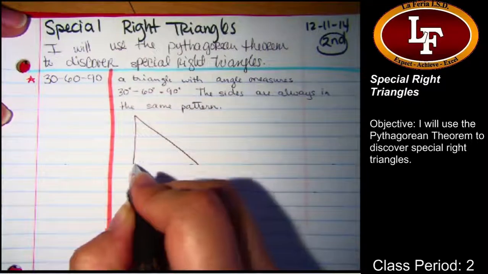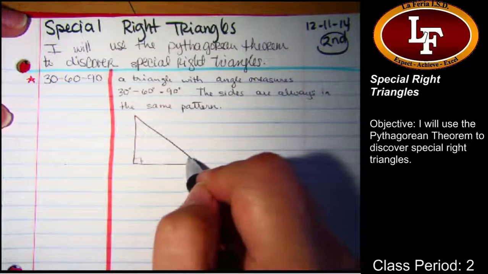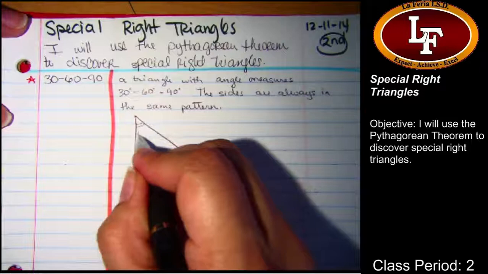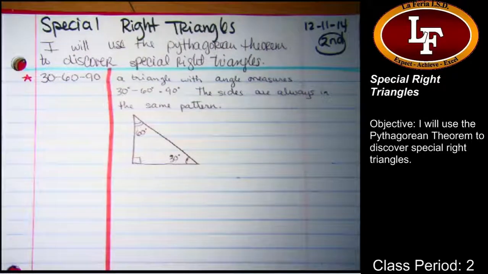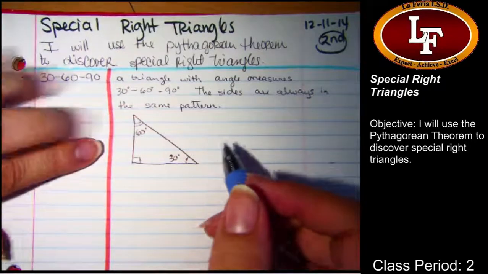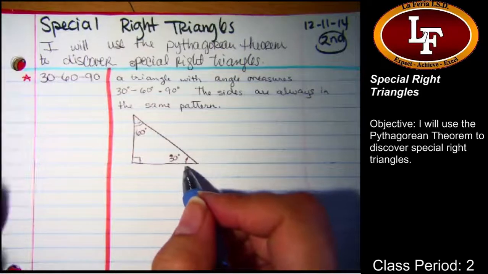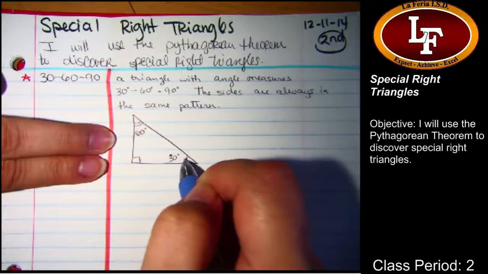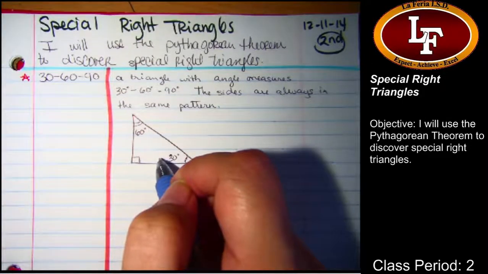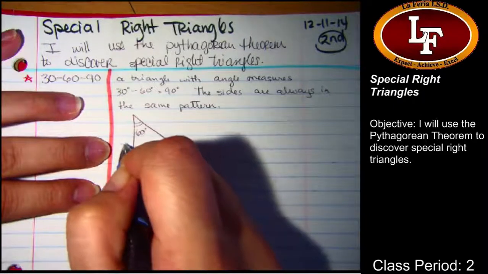So draw yourself a right triangle. We're going to mark this one as the 30-degree angle and this one is the 60-degree angle. Now, the small side, which is the one that's directly across from the smallest angle, that is always going to be kind of our landmark.